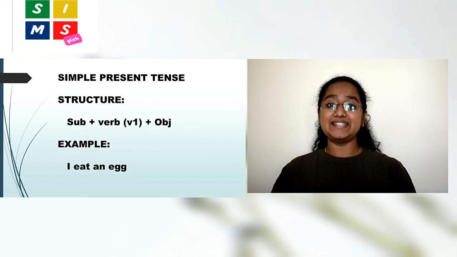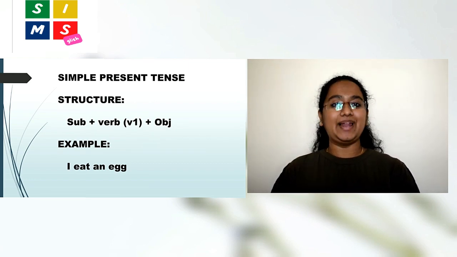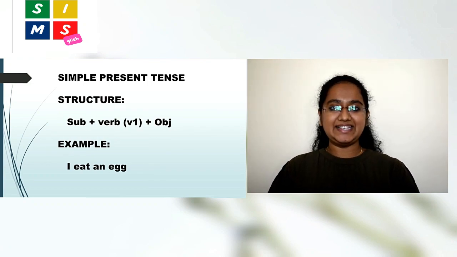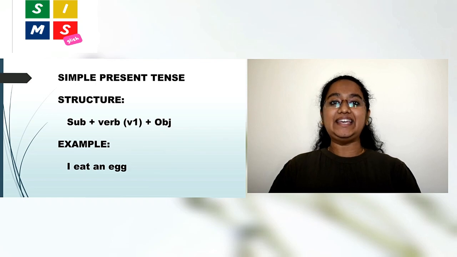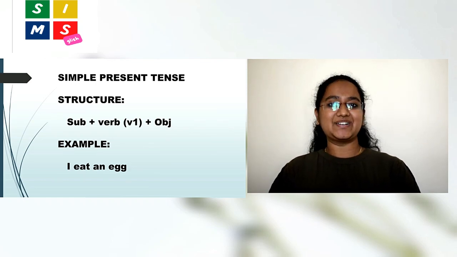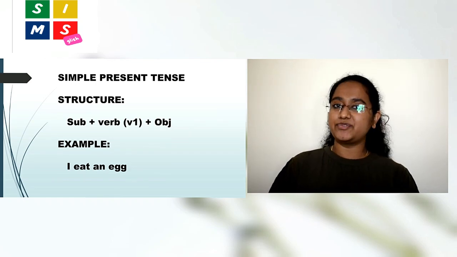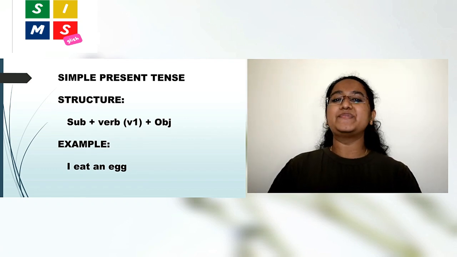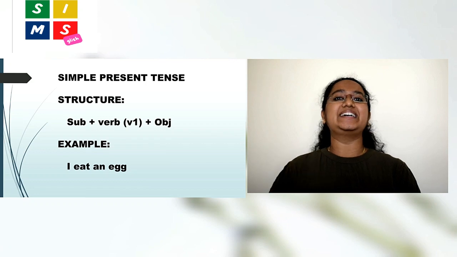The example is I eat an egg. I is the subject, eat is a V1, verb 1, plus an egg is an object.